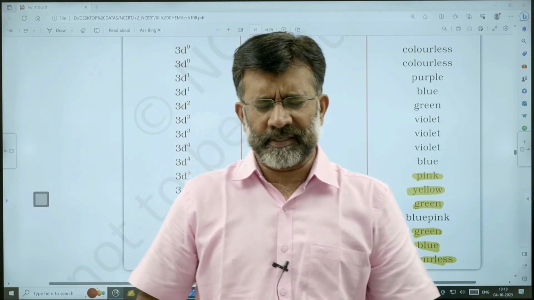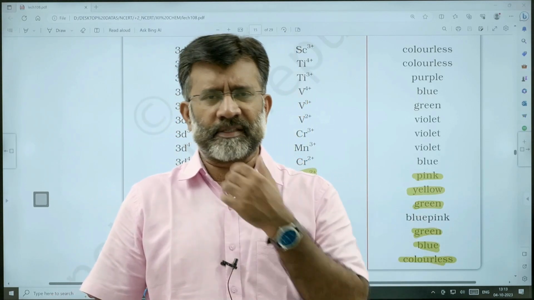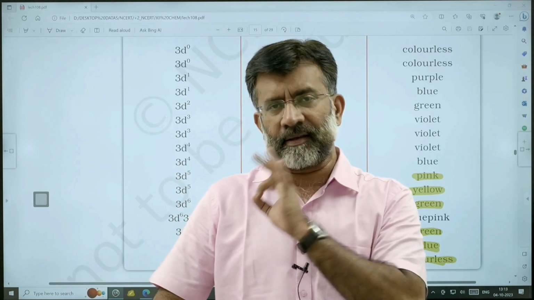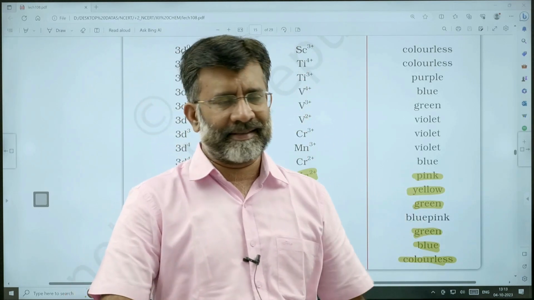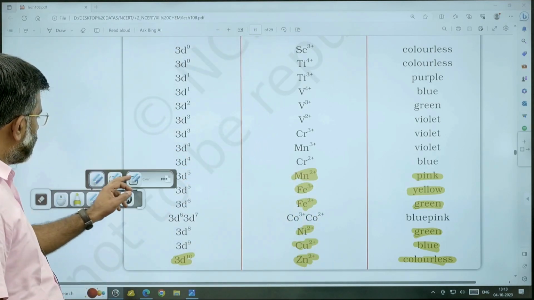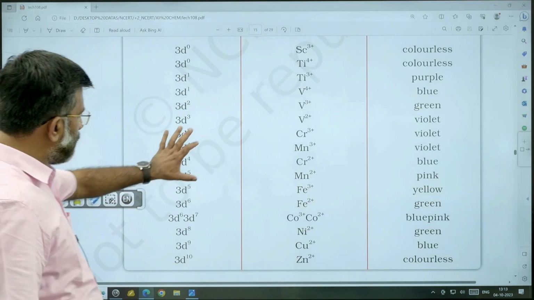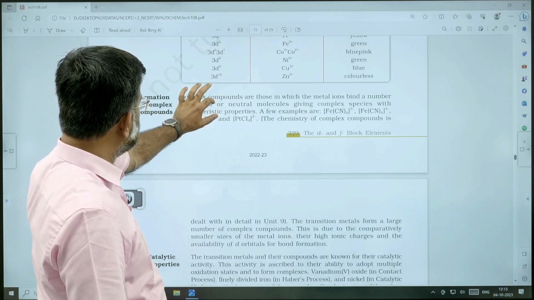Variable oxidation state, catalytic behavior, and so much of that kind of property. Color is an important property of transition metals, right? So that lands on one of the next atomic and physical properties, color. You must go through those details.